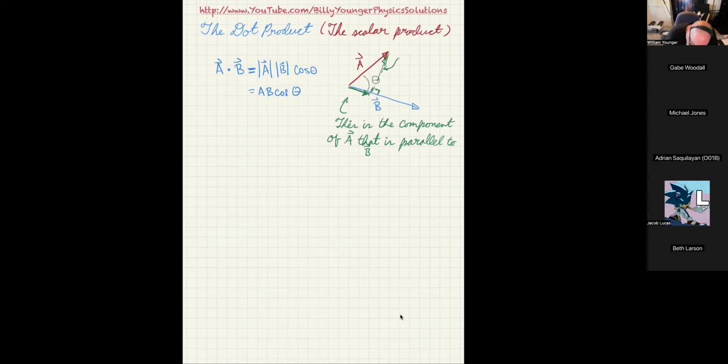This vector is the component of A perpendicular to B. So you might call this A perpendicular to B.